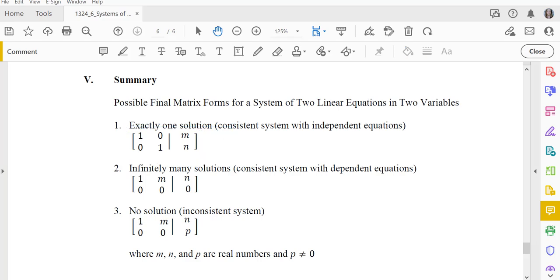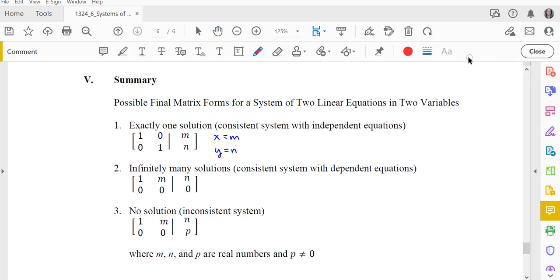That tells you that you have one solution. In other words, if you remember from last section, it's a consistent system with independent equations. You're going to see that x equals m and y equals n.